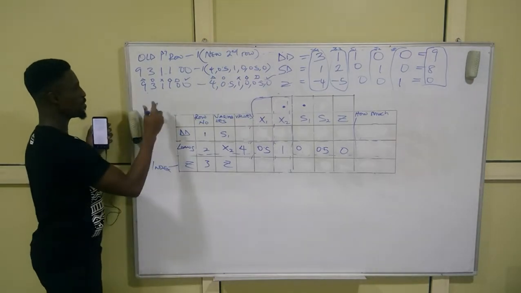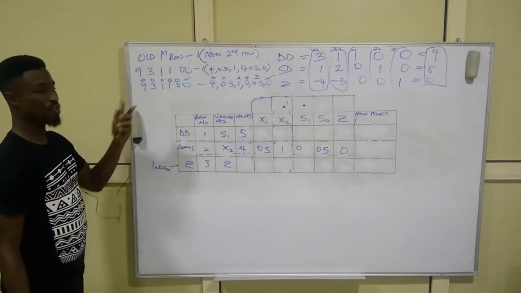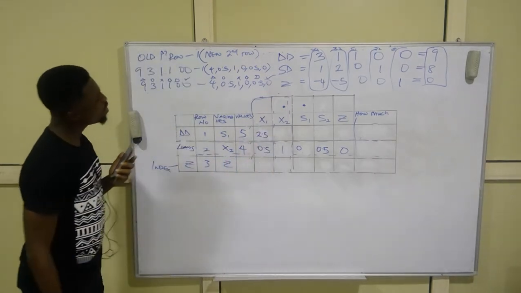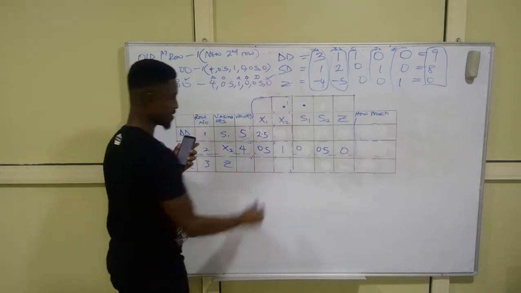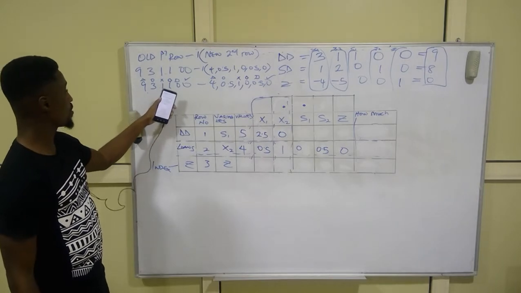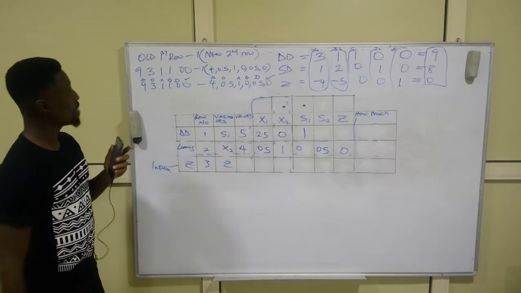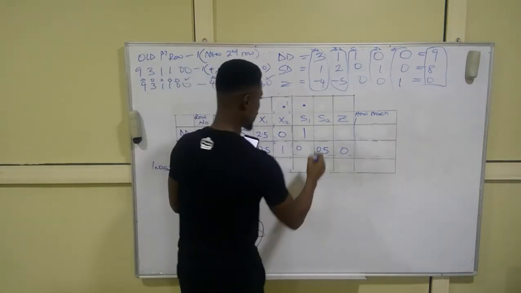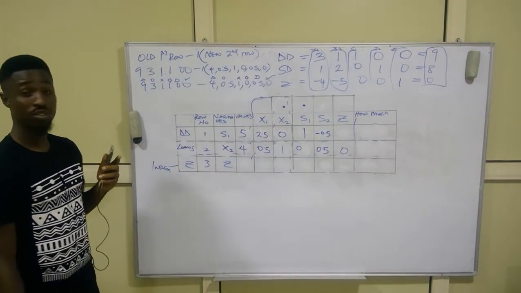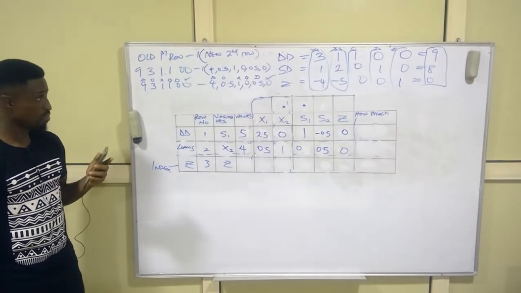So 9 minus 4 gives us what? 5. 3 minus 0.5? 2.5. 1 minus 1? 0, right? 1 minus 0, 1. 0 minus 0.5, minus 0.5, right? And then 0 minus 0 is 0. So there's no confusion here now. Straight up.